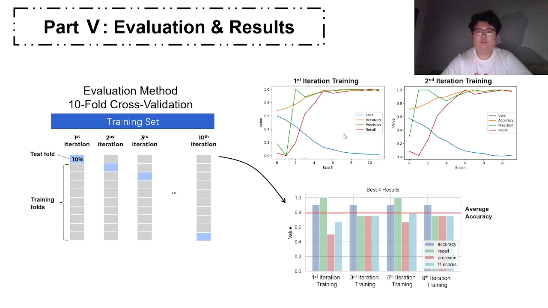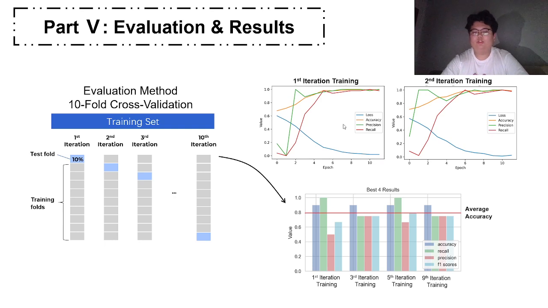Each part is used as a test set in one training session, and the rest is used as a training set to calculate accuracy, loss, precision, recall, and other metrics. You can see that our model achieved 90% accuracy in some training sessions and obtained a high average accuracy.